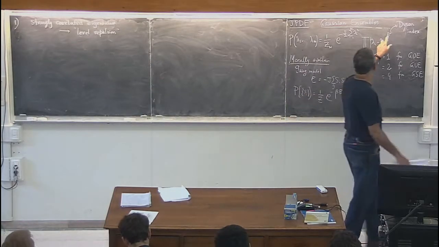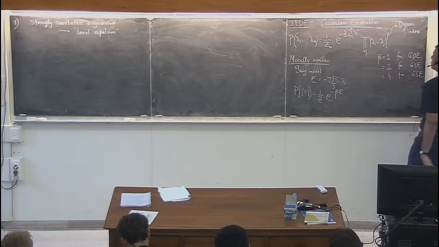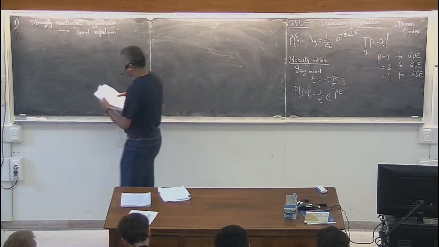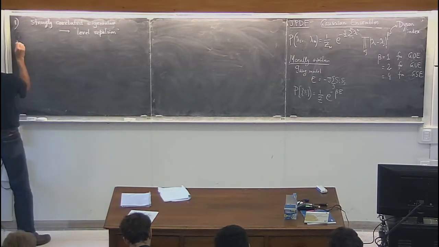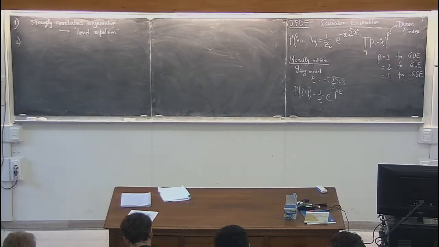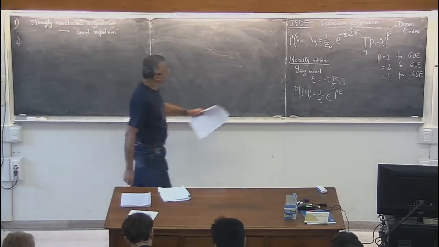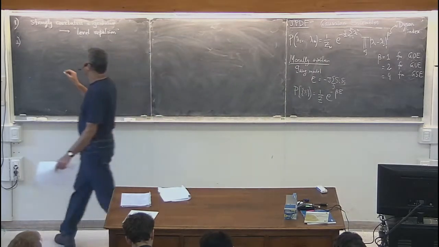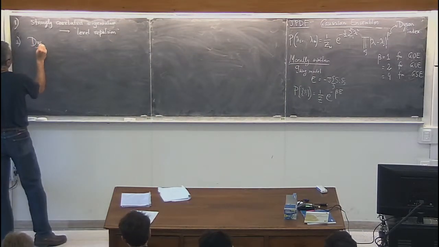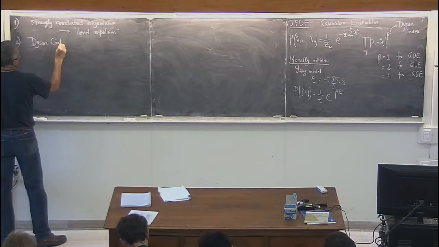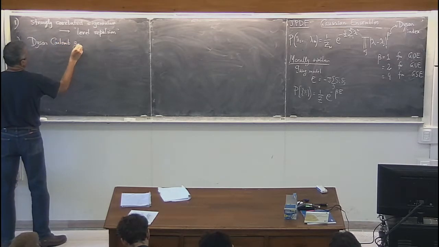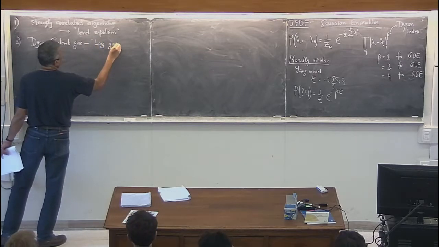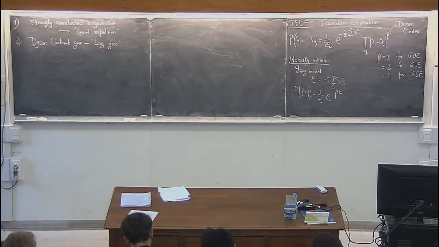The second remark is that this object, I can go even further and write it as a Coulomb gas. This is called the Dyson Coulomb gas, or sometimes the log gas. You see this object here. You can always write x to the power beta as e to the power beta log x.